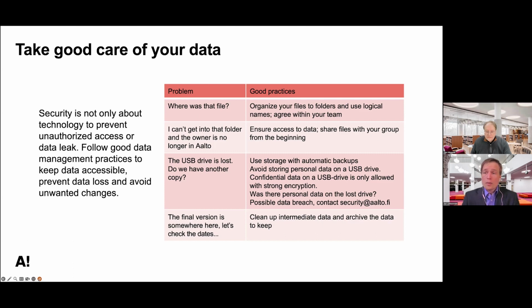So keeping a good versioning scheme with your files, cleaning up the intermediate data, and archiving only the final versions so they are easy to locate would be a good solution. These principles you can easily follow with any kind of data, confidential or public, all your research data, and that will help you take good care of it and keep the data confidential, intact, and accessible for the right persons when needed.